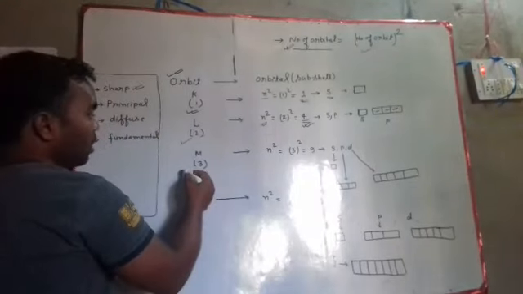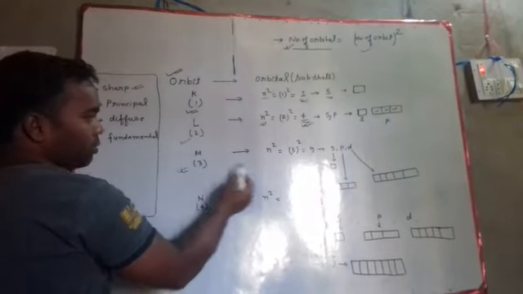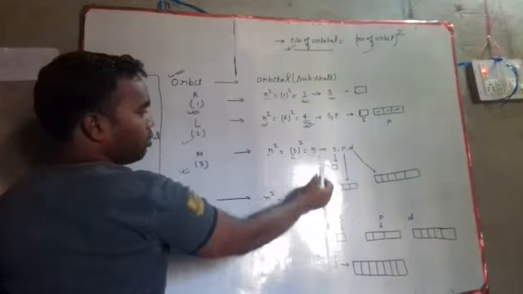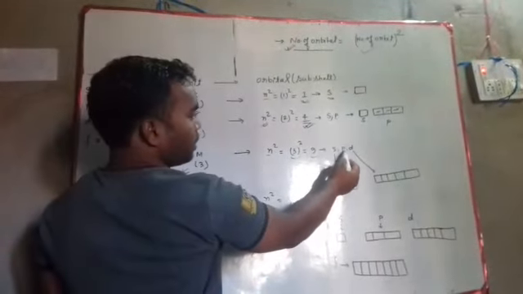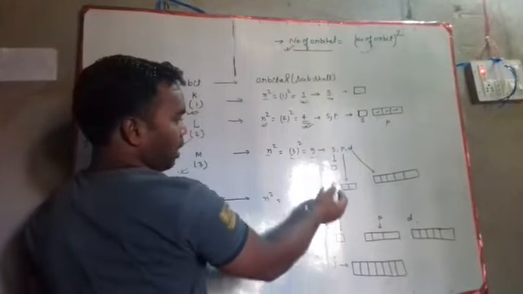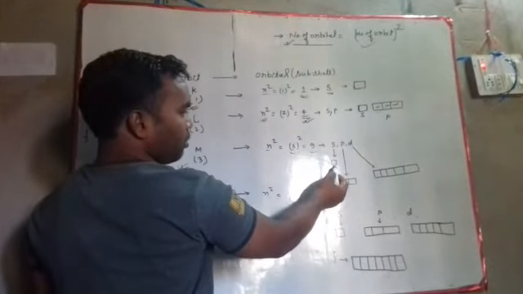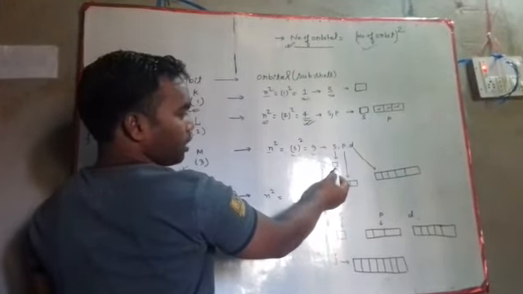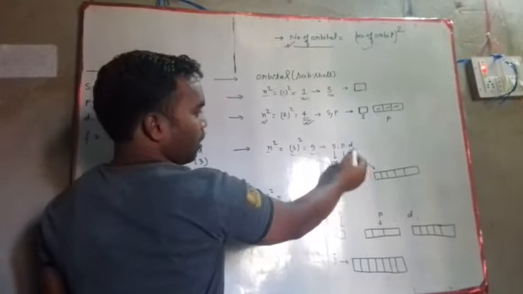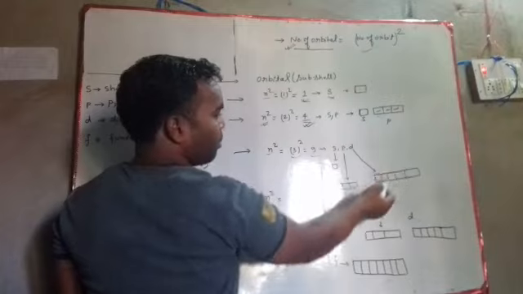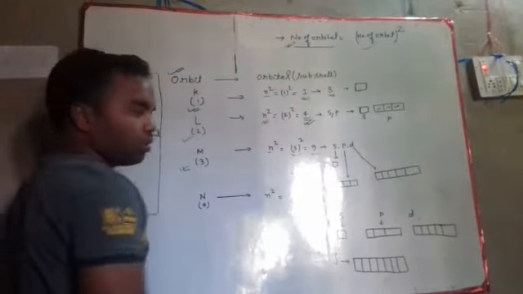Now the 3rd orbit. So 3 square is equal to 9. How many orbitals? S, P, D. And for S, you will draw 1 orbital box; for P, 3; and for D, 5 boxes you will draw.